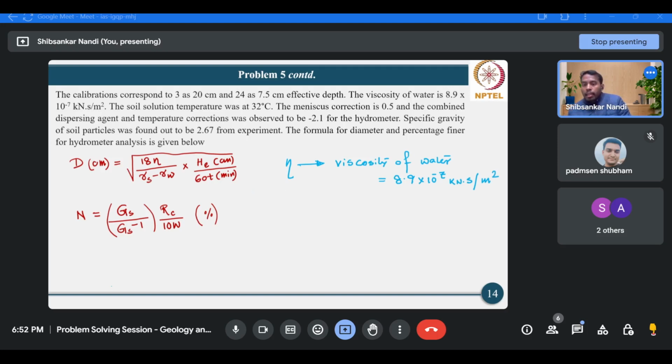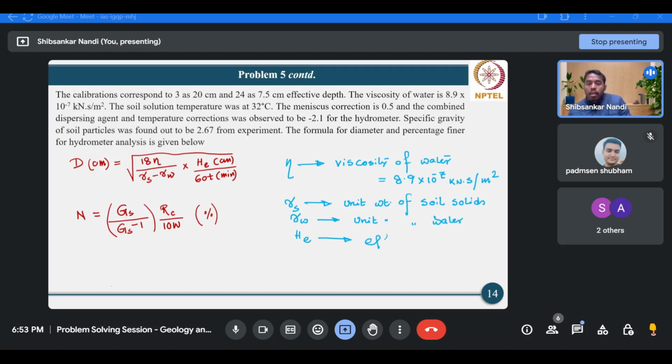Second, gamma S and gamma W. Gamma S is the unit weight of soil solids, and gamma W is the unit weight of water. Then what is HE?